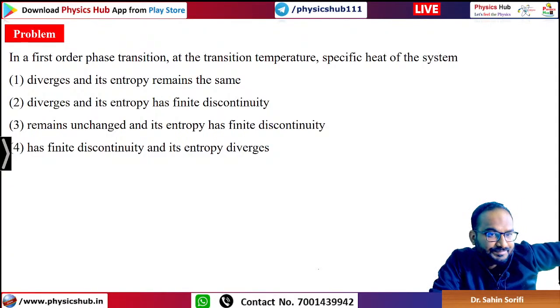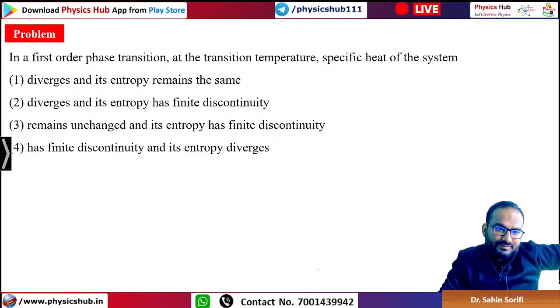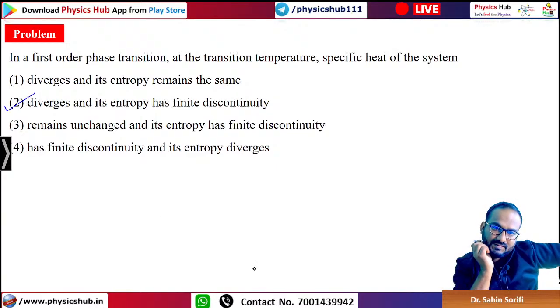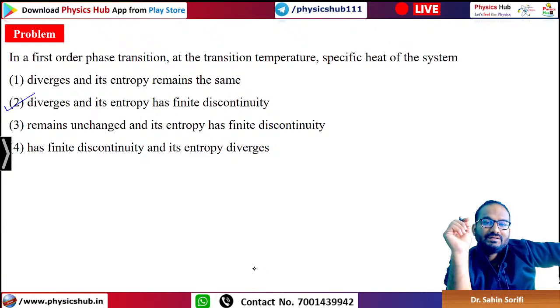Why is it taking time? Option B, very good: specific heat diverges and its entropy has a finite discontinuity. Everybody agrees? You need to read all the options very carefully, otherwise you may make a mistake.